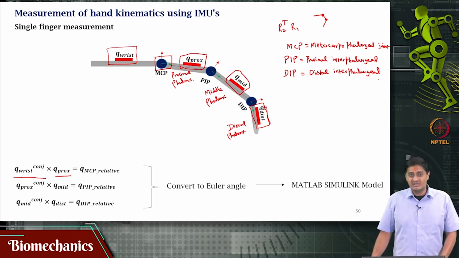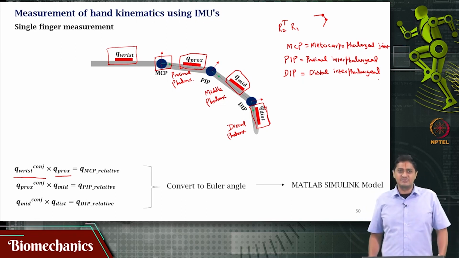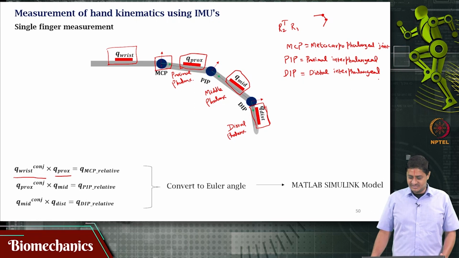In our lab we use this language where we say DIP joint, PIP joint. If someone new comes to the lab, an intern, they do not understand what is DIP, what is PIP. DIP is the distal interphalangeal joint, PIP is the proximal interphalangeal joint. The more proximal joint is called the MCP joint, or the metacarpophalangeal joint.